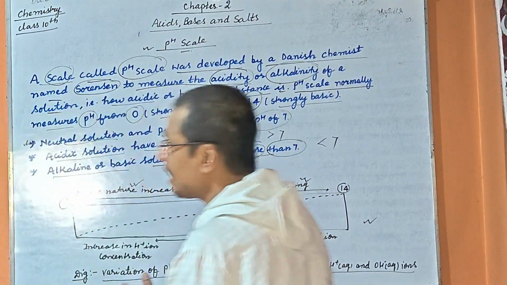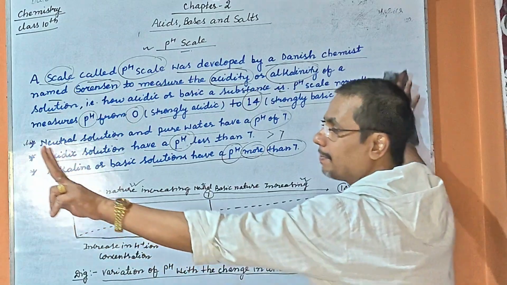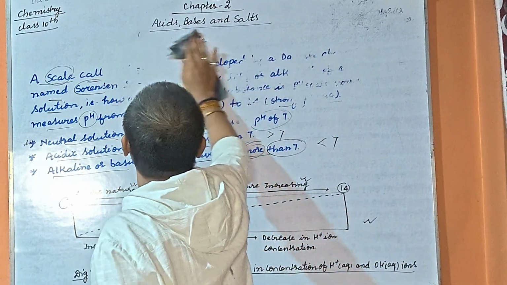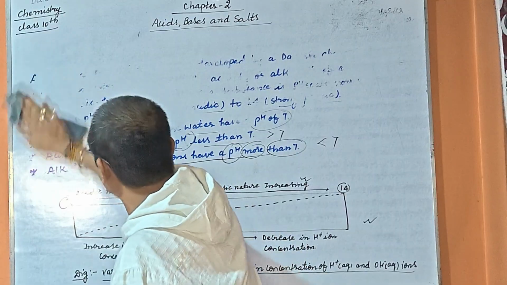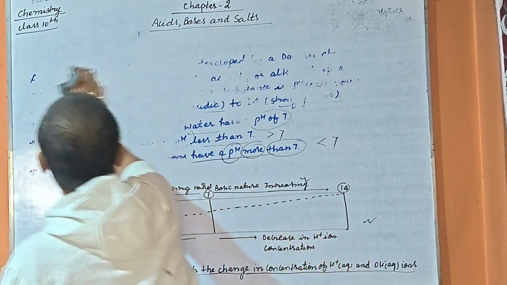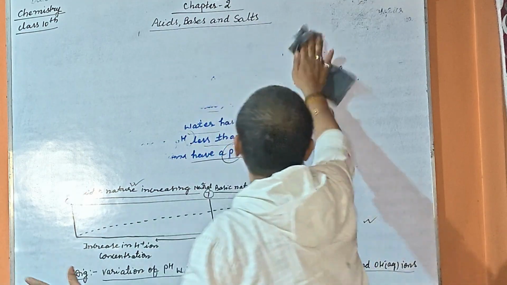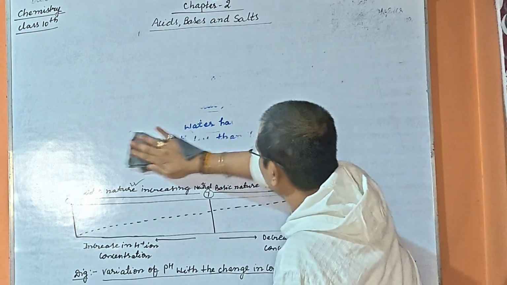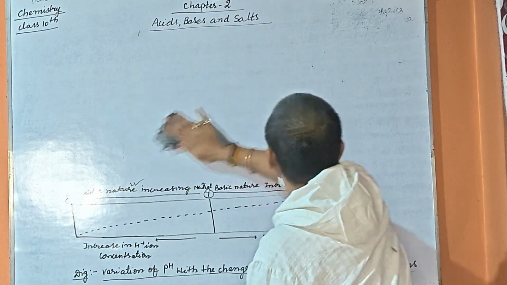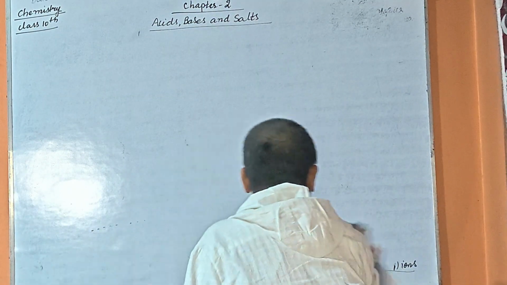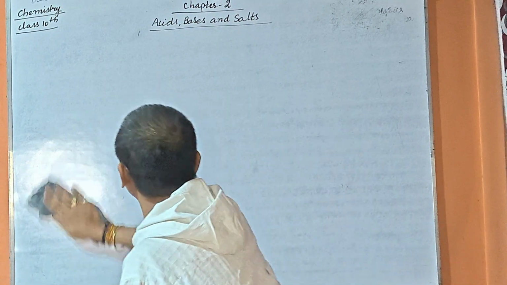So the pH of 4 means, what does this mean? Suppose the pH is 4, this is acidic in nature. And a pH of 12 is more basic in nature.